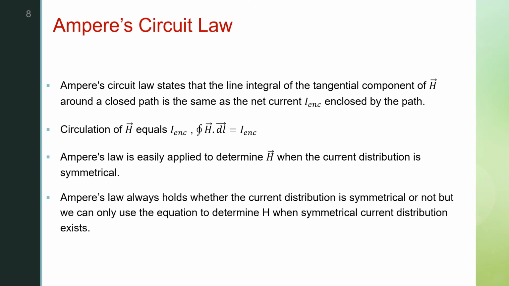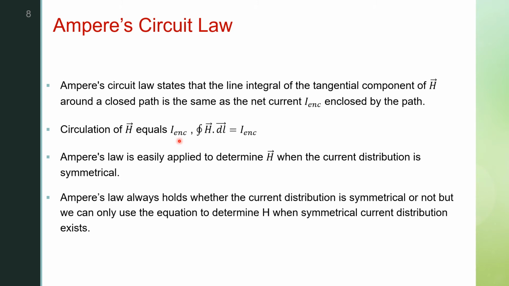Ampere's circuit law. Ampere's circuit law states that the line integral of the tangential component of H around a closed path is the same as the net current enclosed by the path. That means the circulation of H is equal to the net current enclosed by the path.